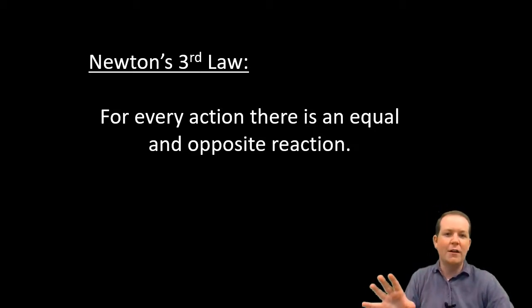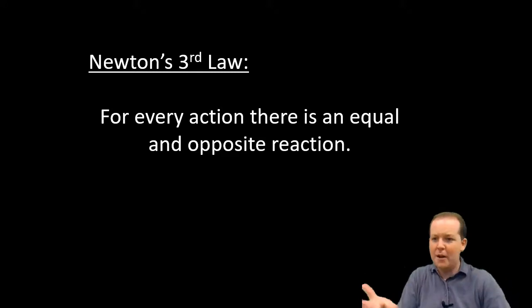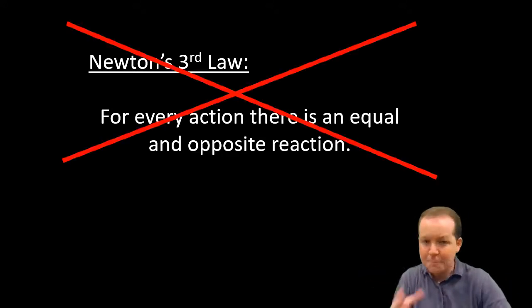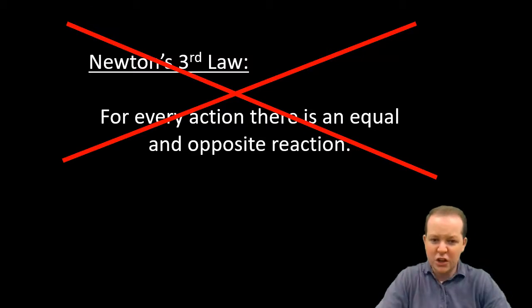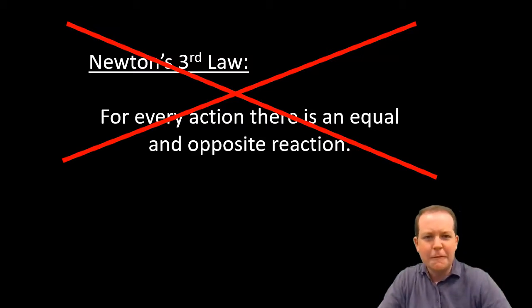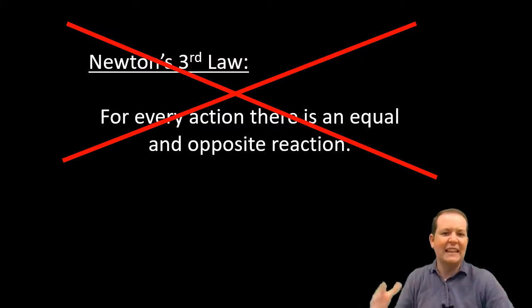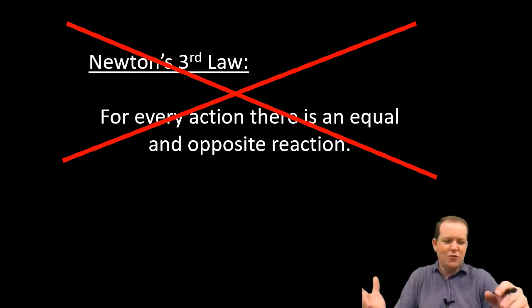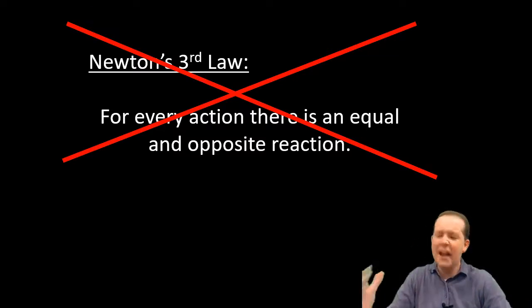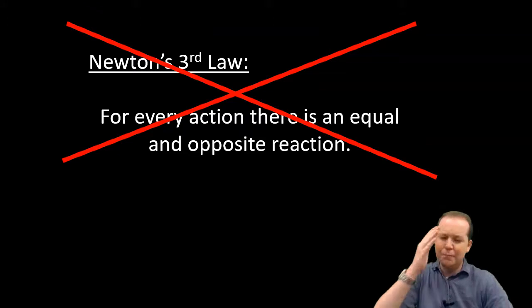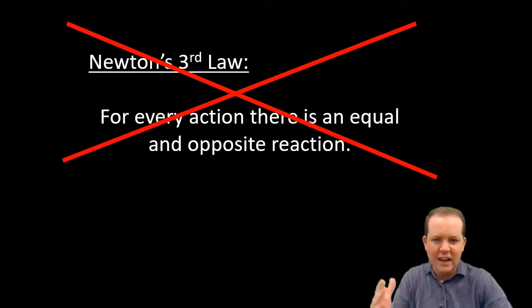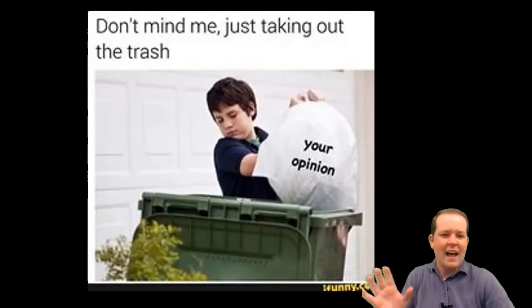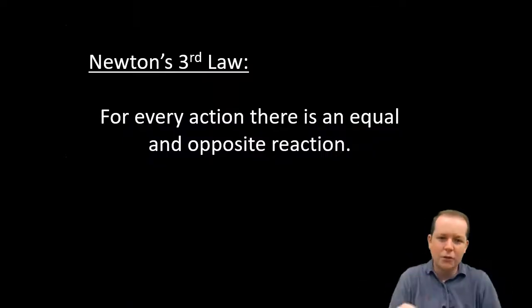This has to be one of the least clear descriptions of some kind of phenomena that I've ever heard in my life. And to be honest, that definition isn't too different than Isaac Newton's own Latin version. So even Isaac Newton himself did such a terrible version of an explanation for this law. I can't believe it. This is just the absolute worst.